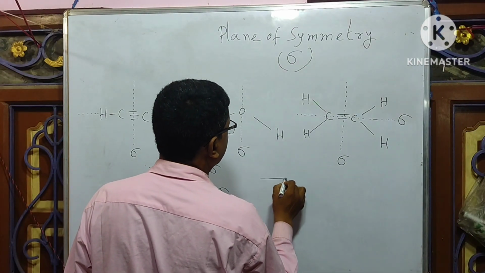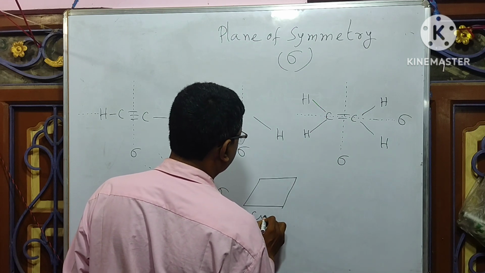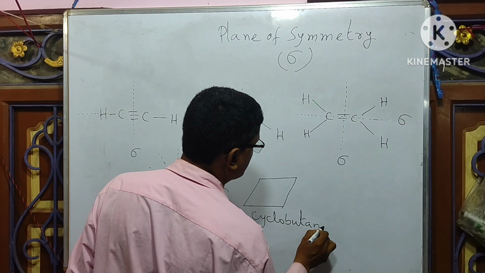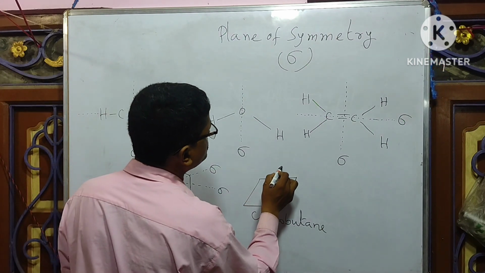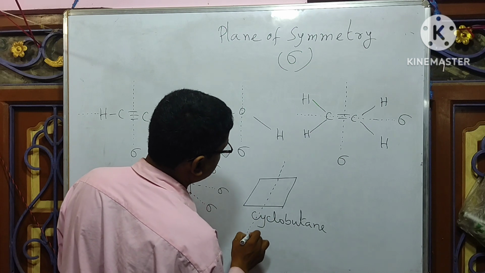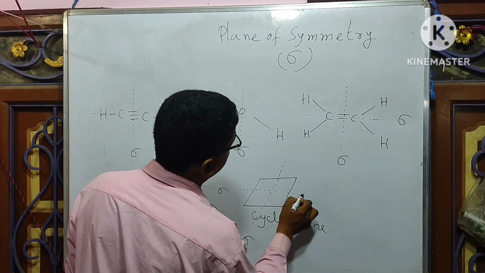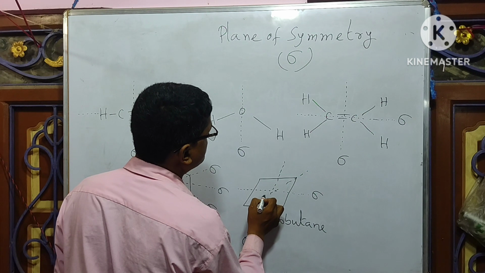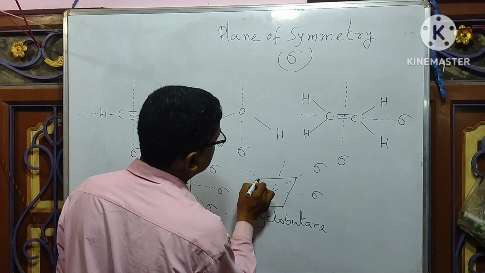In case of a cyclic compound, this is called cyclobutane. The sigma plane is also possible along this dotted line. The sigma plane is also possible along this dotted line, and one sigma plane is also possible along the dotted line.